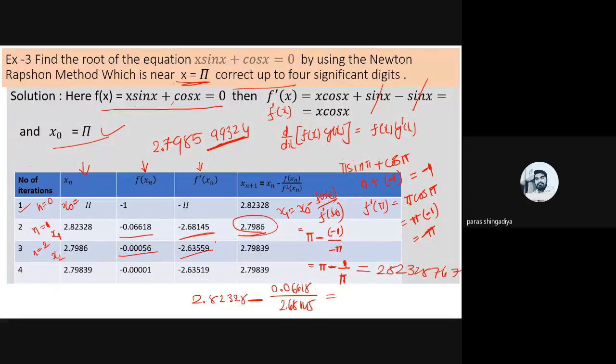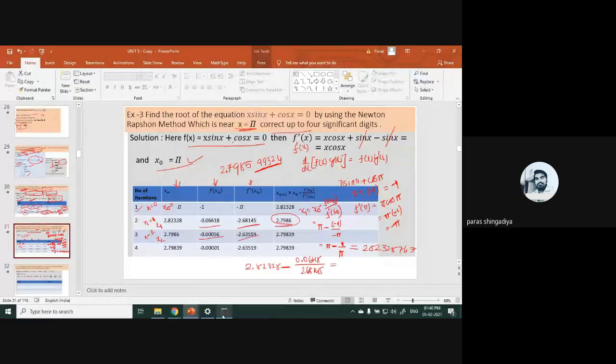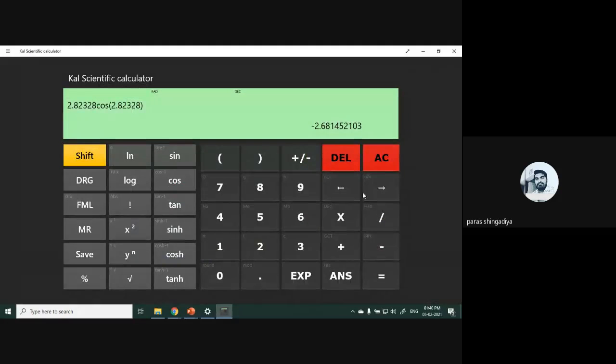Here x is 2.7986, and the function is x into sine of 2.7986, that is x into sin x plus cos 2.7986. Close the bracket, and you will get minus 0.000563851.